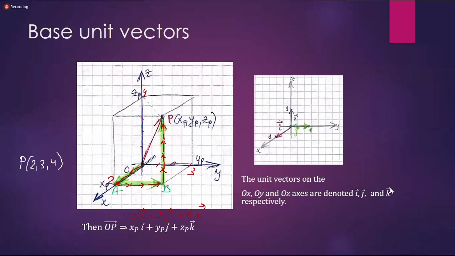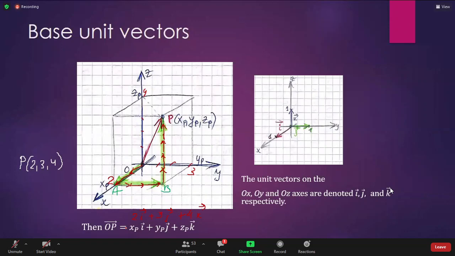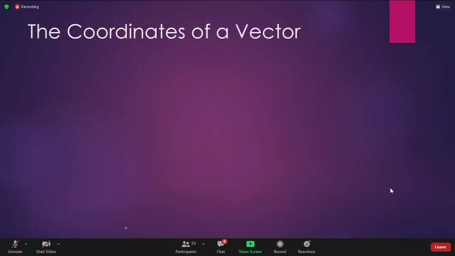But we also call this the coordinates of the vector OP. So in other words, the coordinates of the endpoint are the same as the coordinates of the vector, if the vector starts at the origin. If the vector starts somewhere else, we will have to discuss that separately. But if the vector starts at the origin, it's obvious that the endpoint coordinates are the same as what we will call vector coordinates.